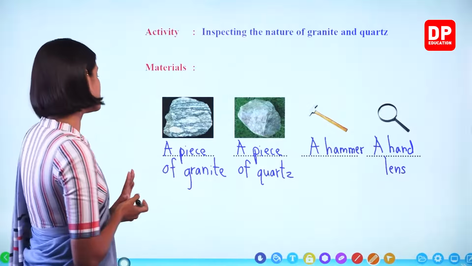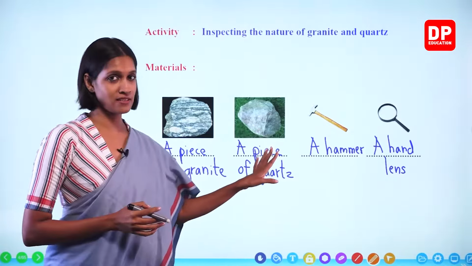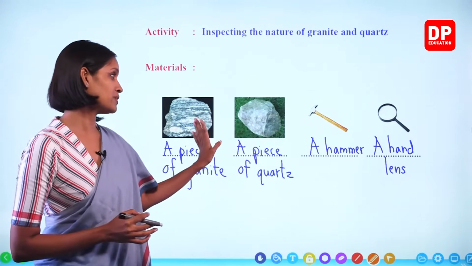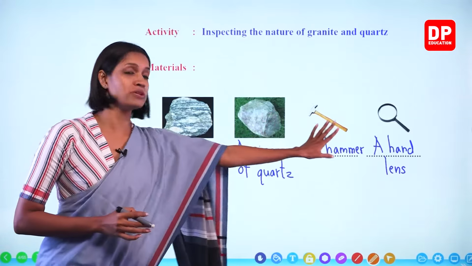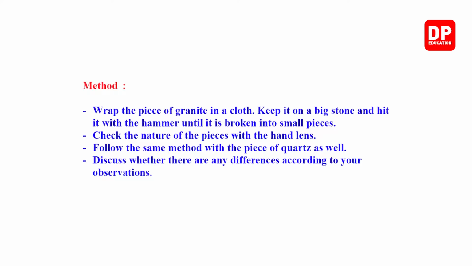Right, children? A piece of granite, a piece of quartz, a hammer and a hand lens. Which means this type of activity you can even do at home, because all these things you can easily find, okay?